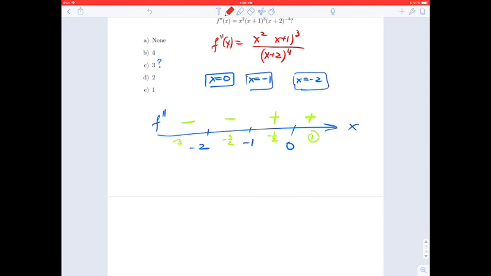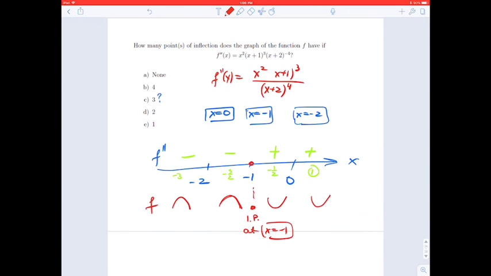Okay, that means we can see the second derivative is changing the sign only at negative 1. Function is concave down, and then is concave up. Here it is changing the sign. That means this is an inflection point at x equals negative 1, which means we have only one inflection point.